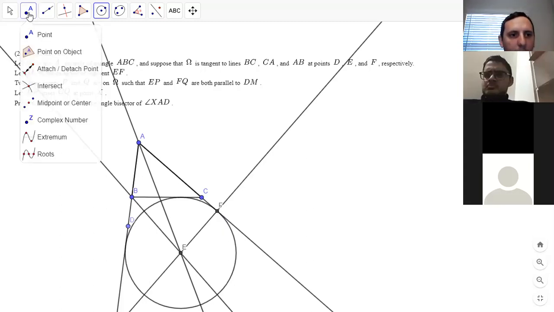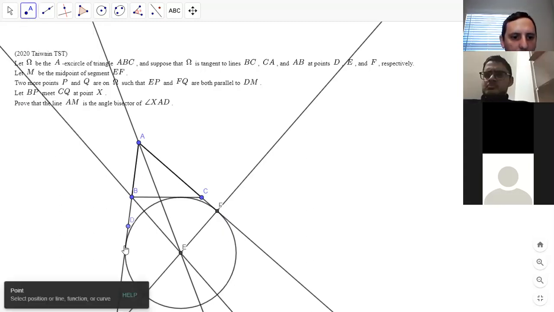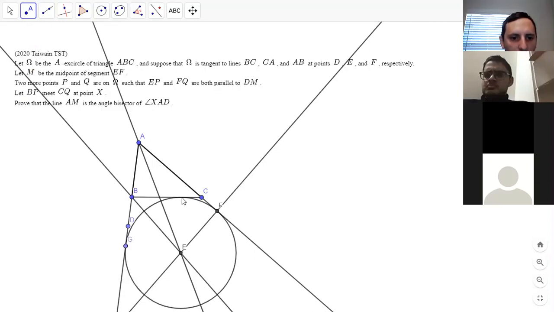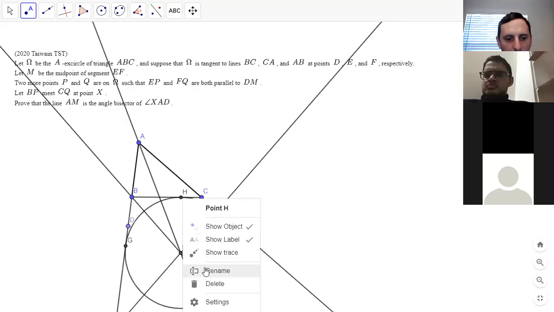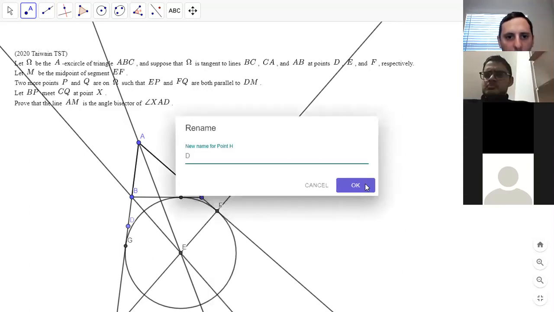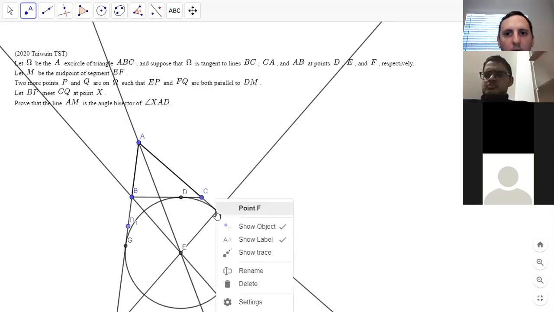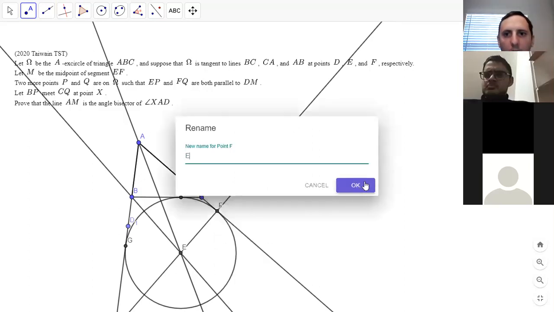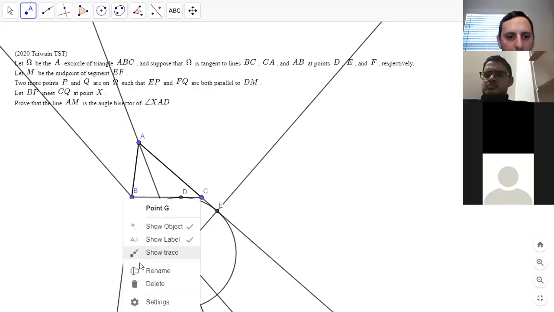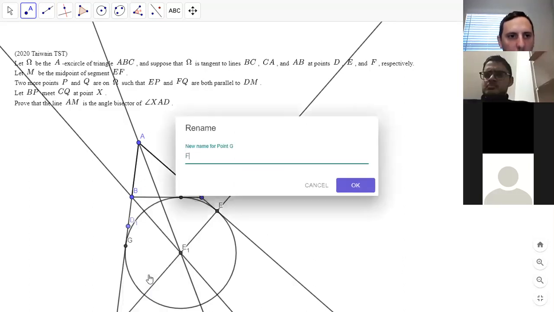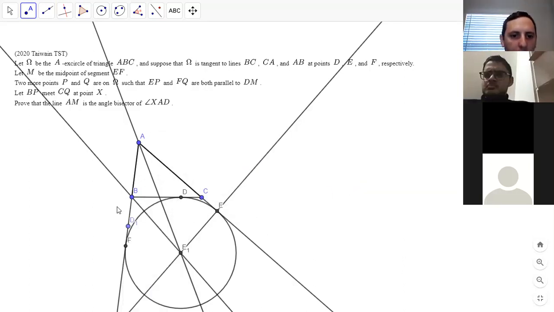Okay, let me draw those points, and I'm going to have to rename some things. So this is D, and it's CA at E, and AB at F, and M is the midpoint of EF, so it's going to lie on that diagonal.